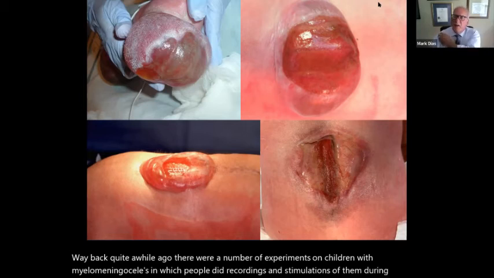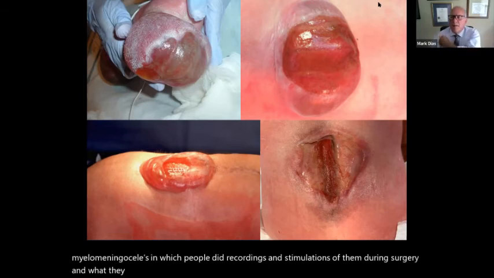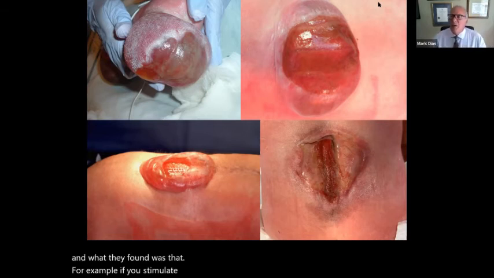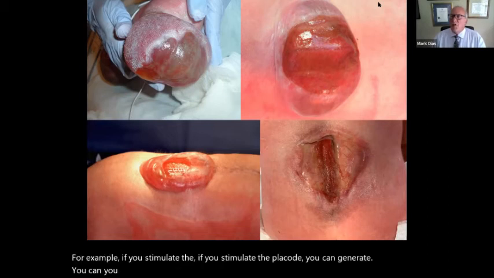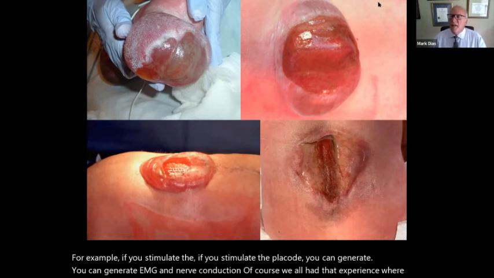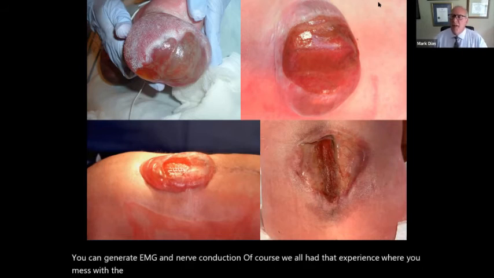And what they found was that, for example, if you stimulate the placode, you can generate EMG and nerve conduction. And of course, we all have that experience where you mess with the placode or you cut a nerve and the leg jumps. And so that limb is intact.